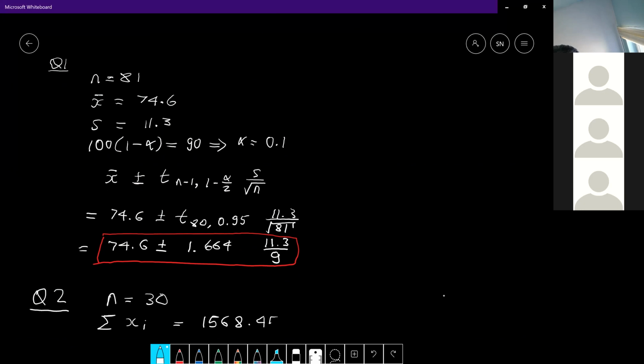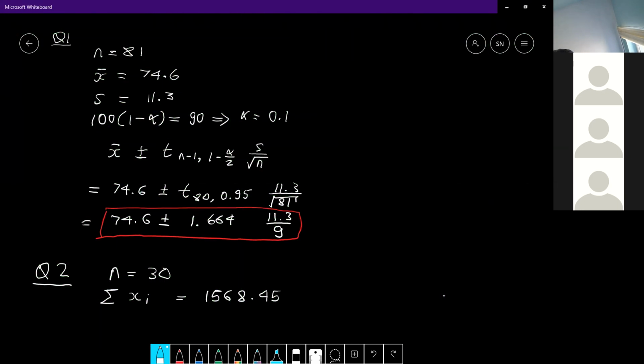So the sample mean, remember, the sample mean is the sum of the data points divided by n.